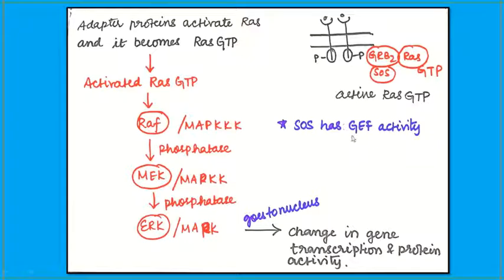The function of these factors is to convert GDP to GTP. So SOS has the GEF activity, and through SOS only, our RAS is activated from GDP to GTP.